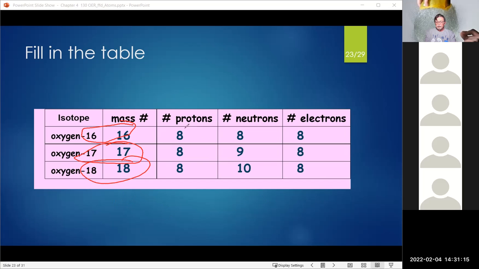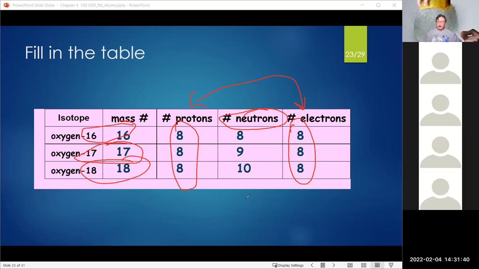Number of protons, well, you got to go to the periodic table, look up oxygen, find out the number of protons, which also tells you the number of electrons, okay? So these two are the same. Now, where they differ, obviously, is the number of neutrons, and it's simply 16 minus 8, 17 minus 8, 18 minus 8, and that is the number of neutrons.